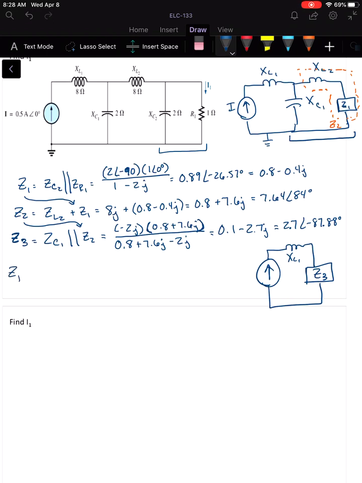So that would give us ZT, where we're going to take our ZL1 and now add that to the Z3 that we just found. Okay, so ZL1, that's 8J plus, and I'm just going to use the rectangular form here.